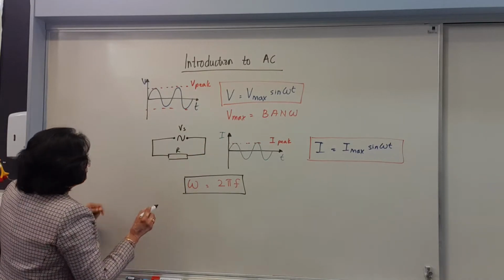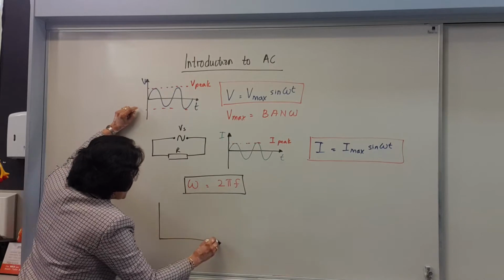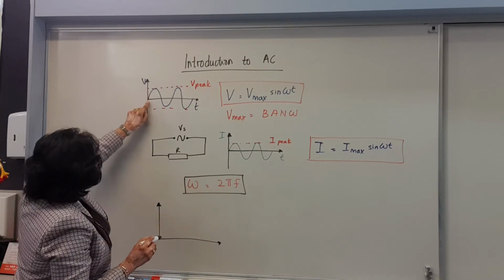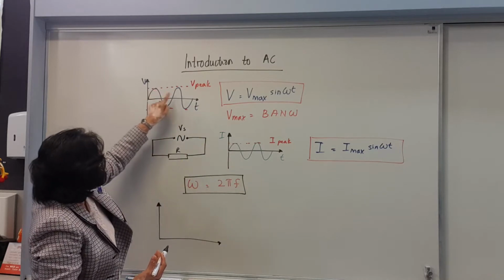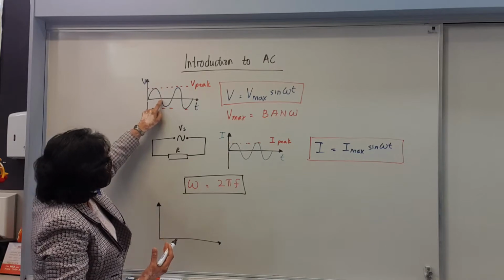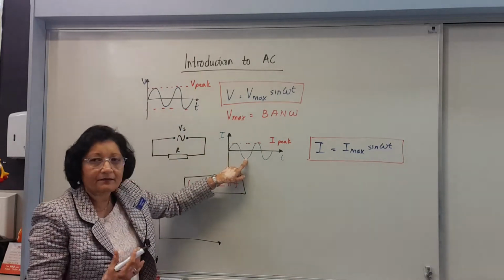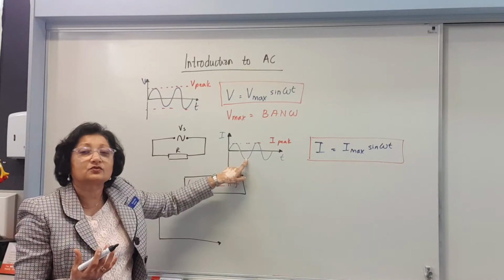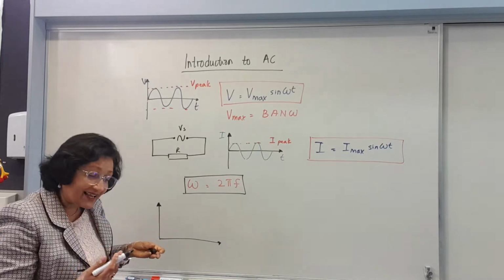So if you're trying to draw a graph of power against time, what actually happens is 0 times 0 will be 0. A positive times positive will be a bigger positive number. 0 times 0 is 0. But if you have the negative times the negative number, 2 negatives always gives you a positive. Okay? So power is actually never a negative value.